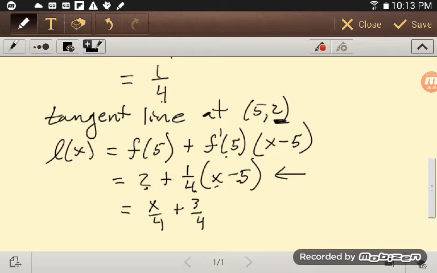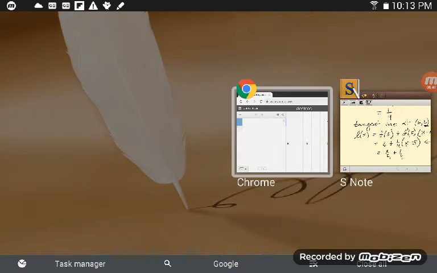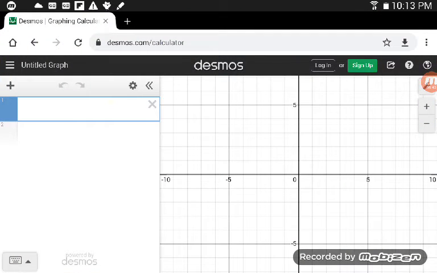Okay, so then part B said to check it out on a graphing thing of some kind. So here's Desmos, and so we want to graph the original, which was the square root of x minus 1.